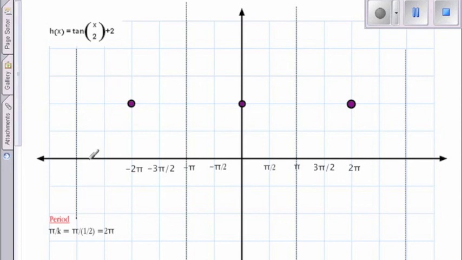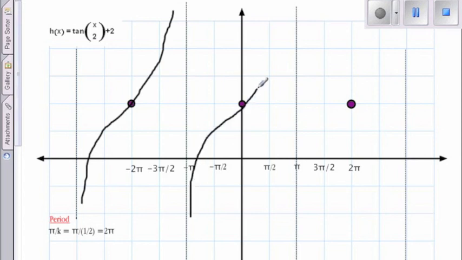For tangent, it starts down at the bottom left, and I'm going to attempt to do this with the mouse, although it's very difficult to draw a smooth curve with the mouse. It starts down here, comes up through the point, and comes up like this. It just repeats that kind of graph all the way down in its entire period.